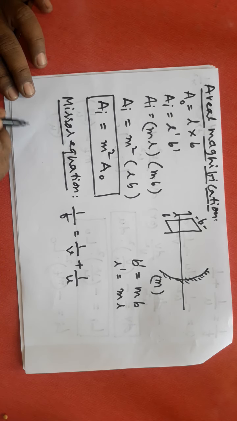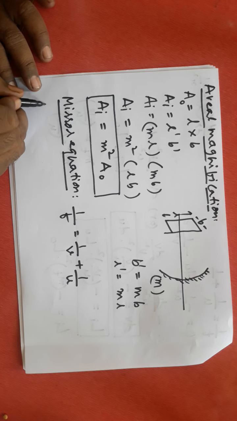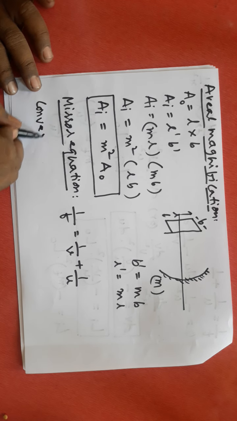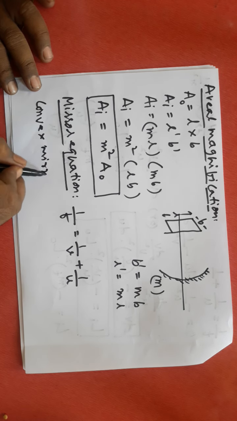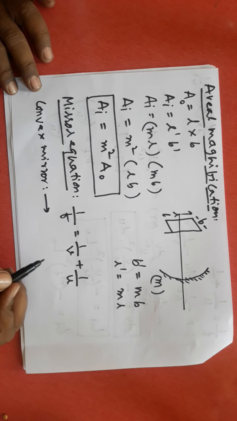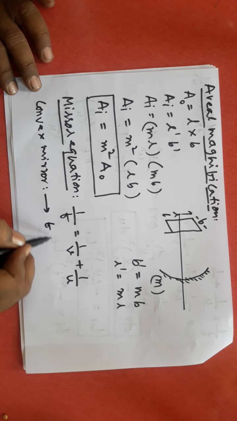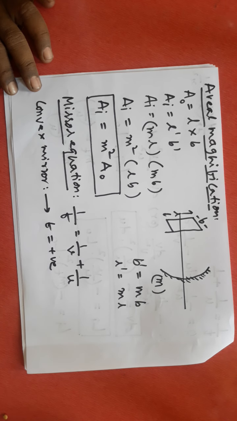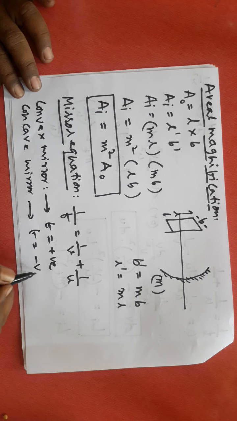See, we know, if it is a convex mirror, focal length is positive. If it is a concave mirror, focal length is negative.